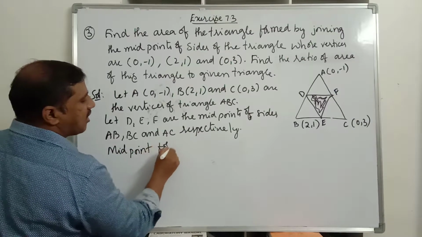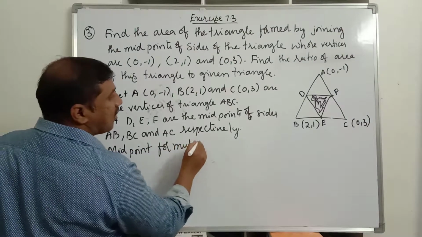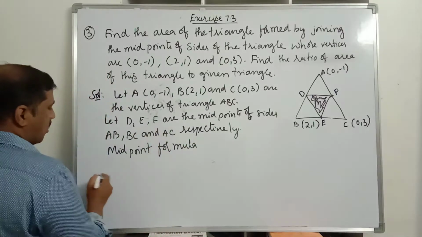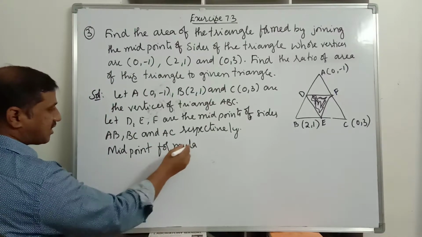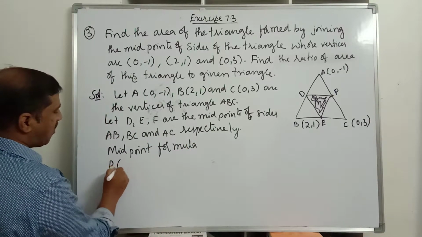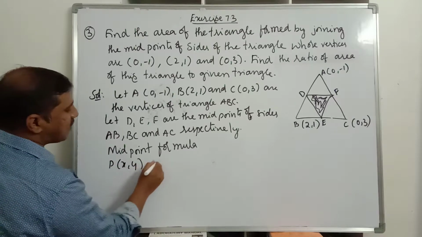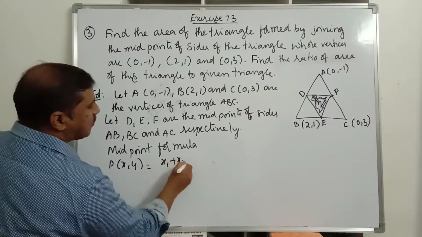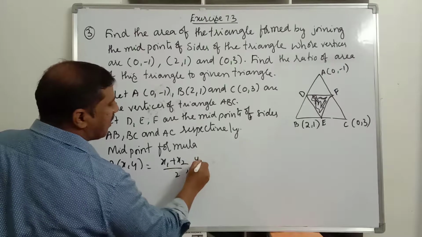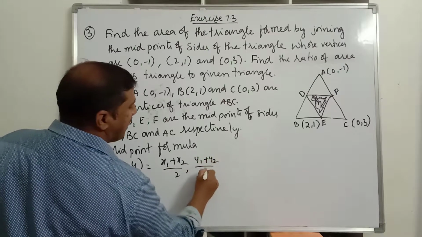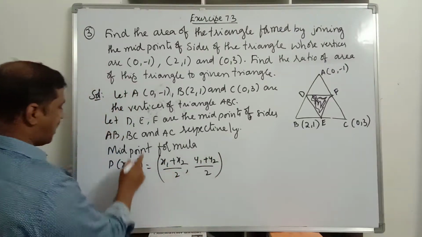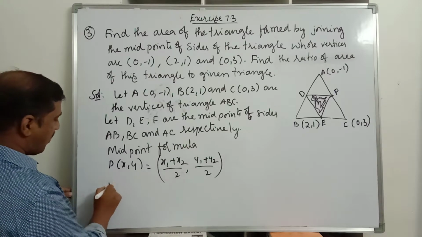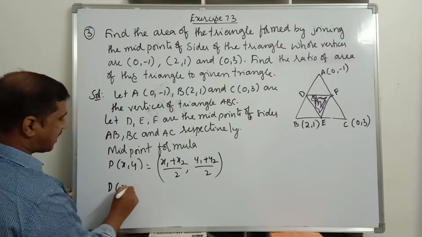The midpoint formula we use to find the coordinates of point D. What is the midpoint formula? Here it is: P(x, y) equals ((x1 plus x2) by 2, (y1 plus y2) by 2). Now we find the coordinates of D, that is x, y.